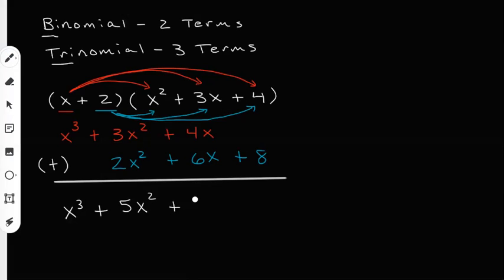Next, I'm going to add up the terms that end with the x. 4x plus 6x is going to give me 10x. And then the last thing I'm going to do is bring down the whole number, which is positive 8. And then I'm done. So once you're done adding up, you have your product.